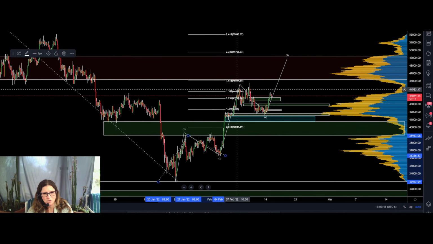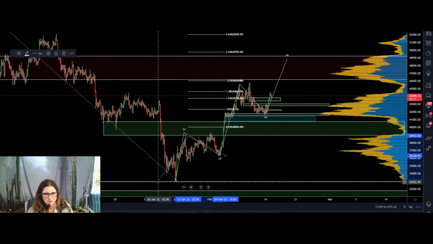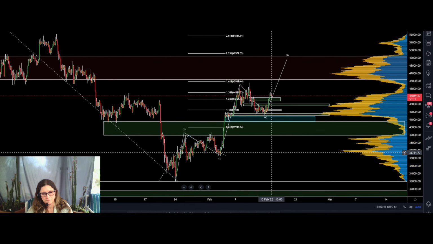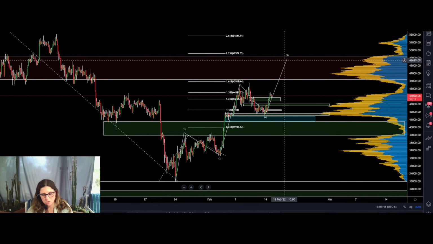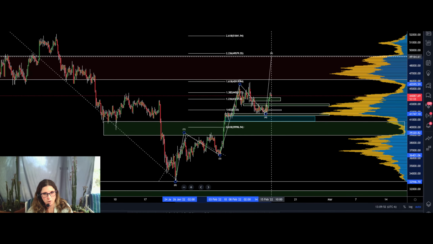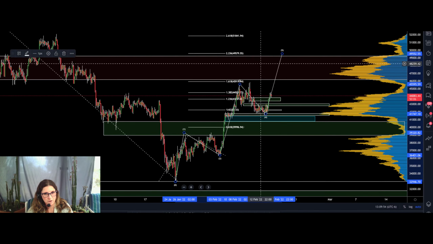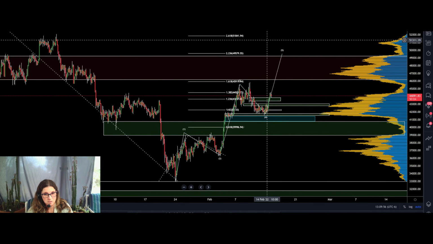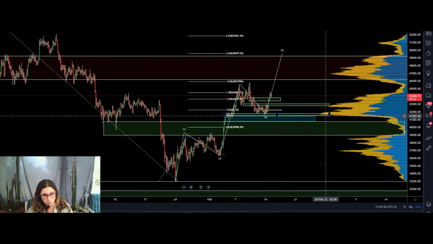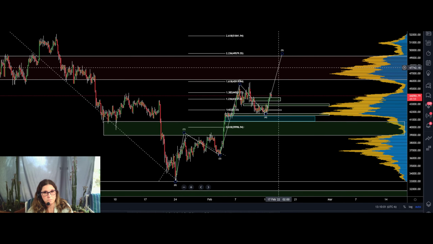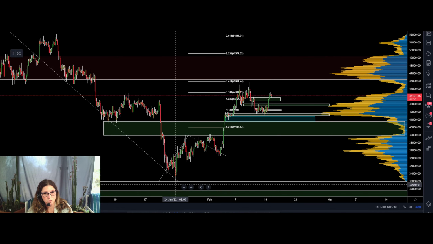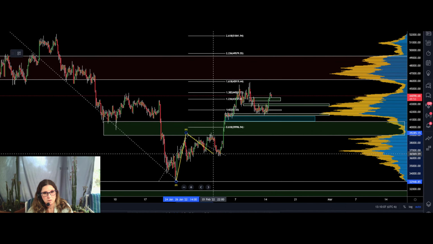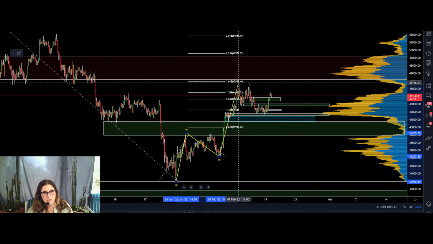Okay, I mean, it didn't quite hit it, but it's close enough. But what we absolutely have to have is this 5th wave up here to 49,500. If we don't get it, guys, this is not a 5-wave move. And what it means is that we have made a 3-wave move, which is an A, a B, and a C. Okay?